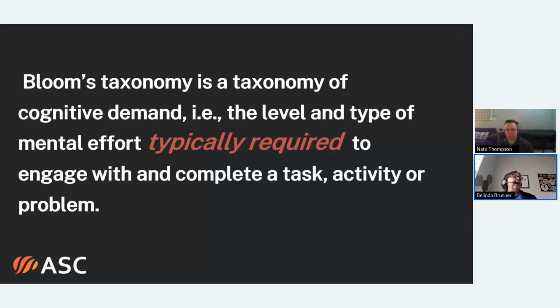So I'm going to modify my definition of what Bloom's is a little bit and say that it's a taxonomy of cognitive demand, the level and type of mental effort typically required to engage with and complete a task, activity, or problem. So it really depends upon the person's situation.